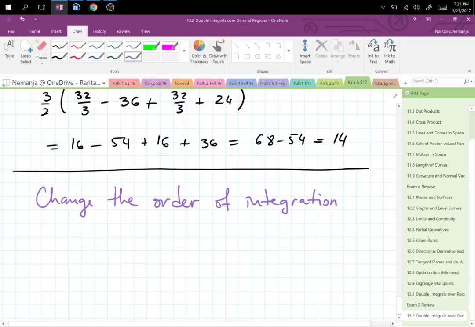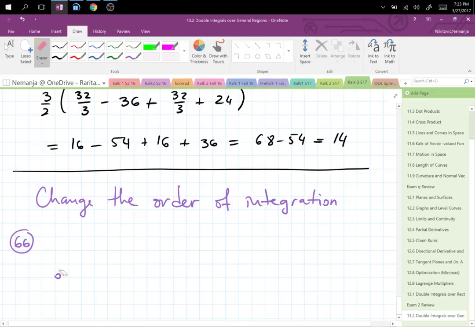So this one says change the order of integration, which means switch from dx dy into dy dx or whatever other way. And pretty much any of these problems are equally bad. Ooh, we have a 66. Let's do that. 0 to 4.